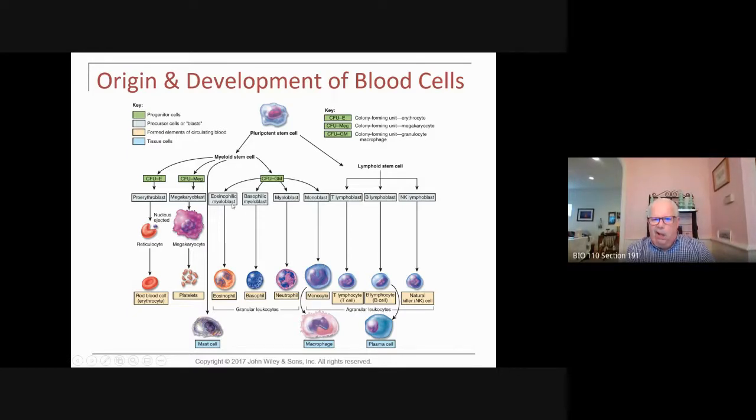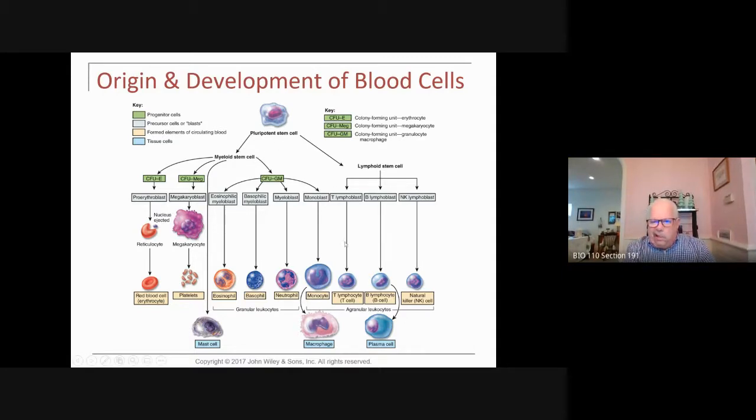And they all come from blasts. Eosinophilic myoblast produces the eosinophil. Basophilic myoblast produces a basophil. A myoblast produces the neutrophil. A monoblast produces the monocyte. So these all stem from this one cell, the myeloid stem cell.